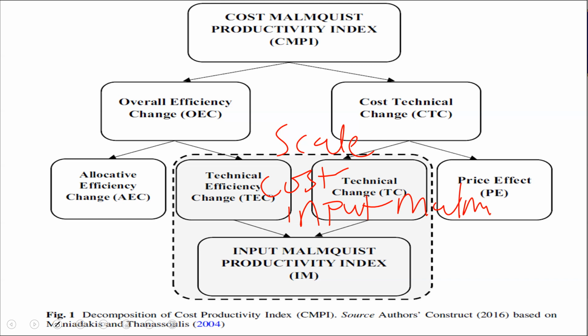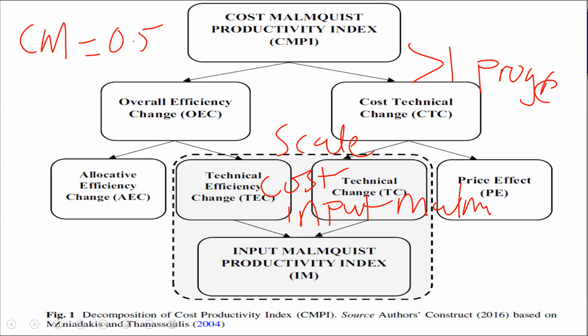And please, I want you to understand something. I'm saying that value, you can take the reciprocal and then make the interpretation for progress to be greater than 1. You can take the reciprocal of your answer. So if you calculate the cost Malmquist to be 0.5, we know that because it's less than 1, that is progress. But when somebody looks at the number, it doesn't make sense.